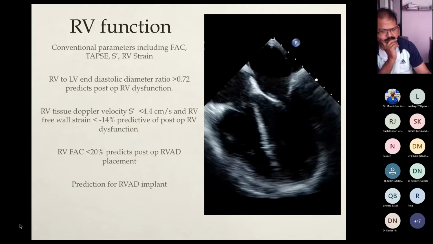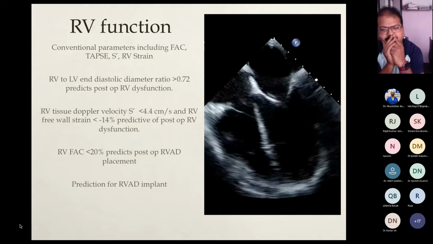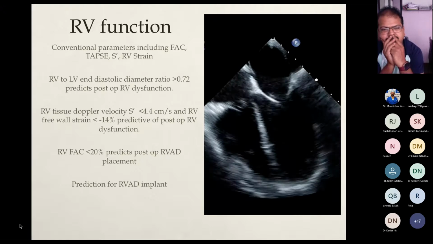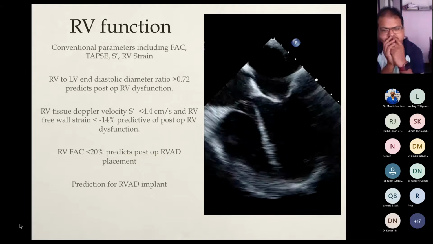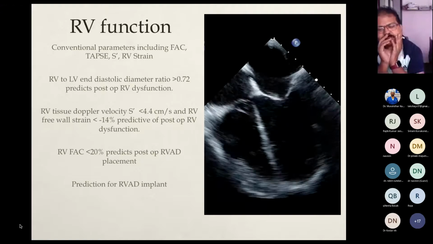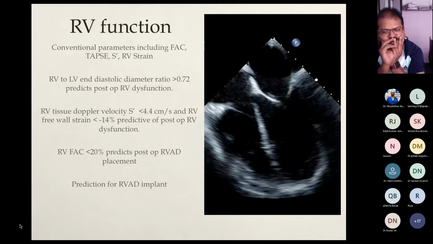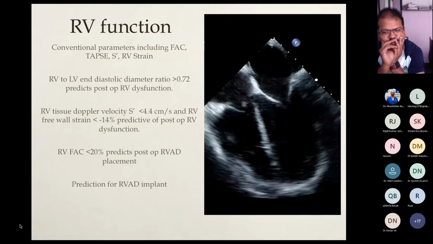If the RV to LV end-diastolic diameter is more than 0.72, few studies have shown that these patients are going to have RV dysfunction post-LVAD. And if the tissue Doppler velocity is less than 4.4, and the free wall strain is less than 14%, then there is a prediction that post-operatively these patients will have significant RV dysfunction.